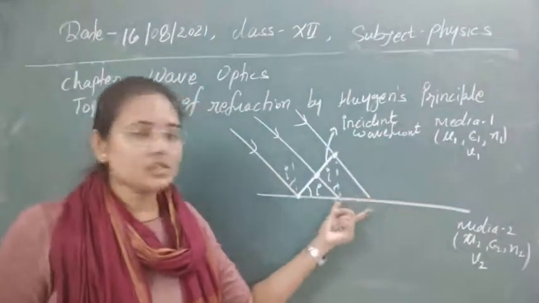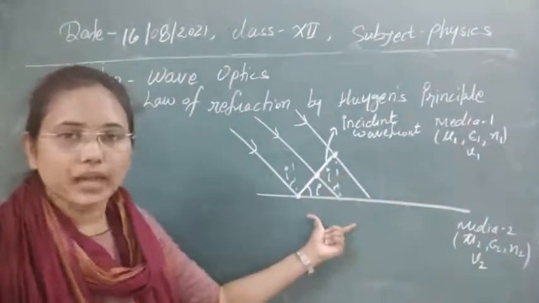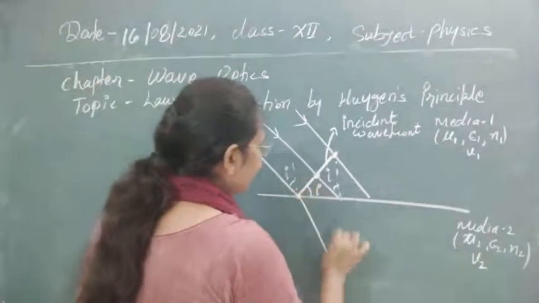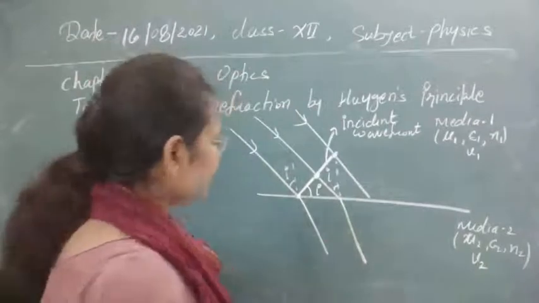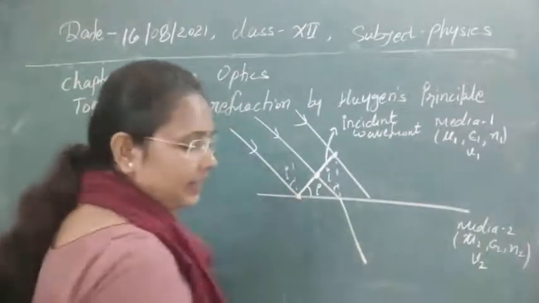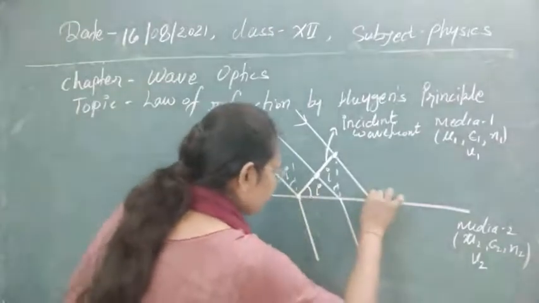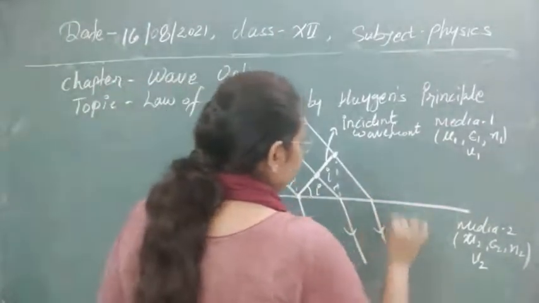Now as the surface is not polished, these waves will be transmitted into the other media. When they are transmitted into the other media, due to the change in velocity, they will travel at a different angle than the angle of incidence. So this is the refracted ray, the refracted waves that we are obtaining.